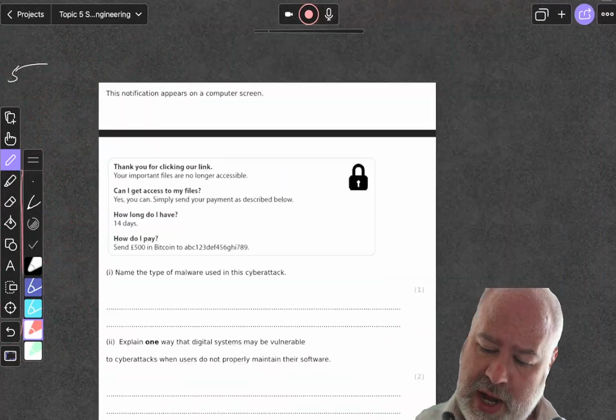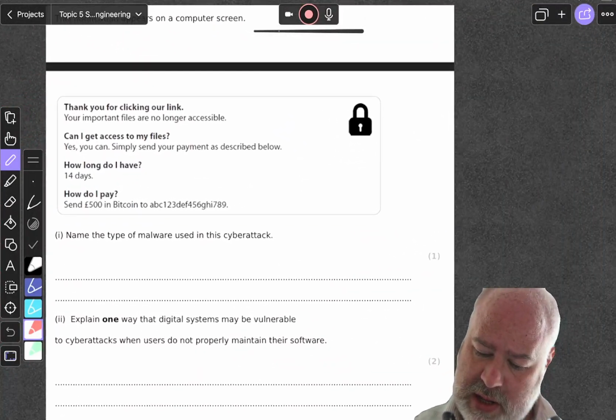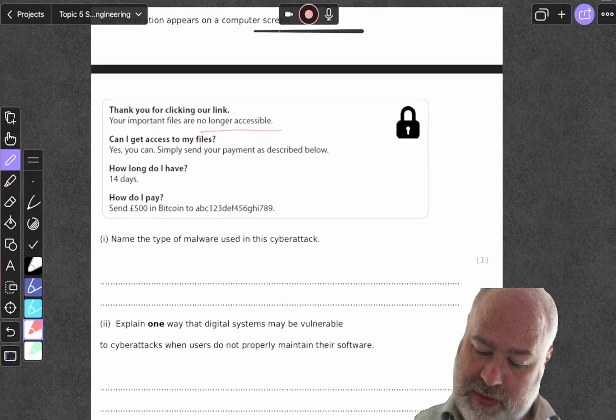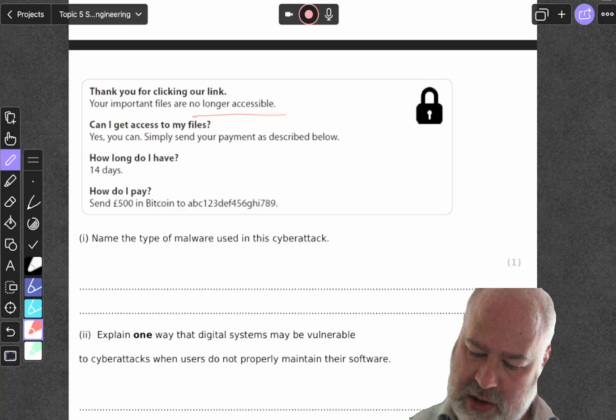So let's have a look at an exam style question here. Thank you for clicking on our link. Your important files are no longer accessible. Oh dear. Right. I want access to my files. Okay, can I get access? Yes, you can. Simply send your payment as described below. How long do I have? Oh, it's time sensitive.